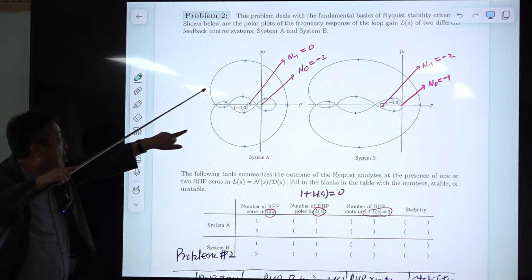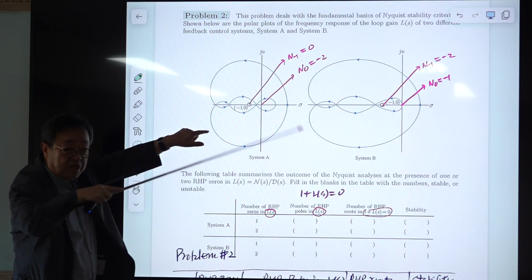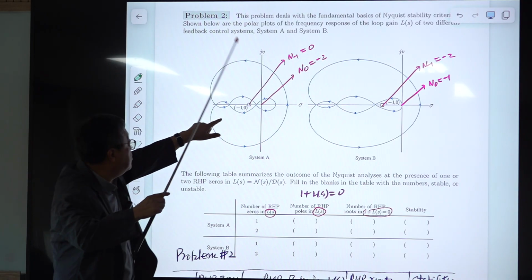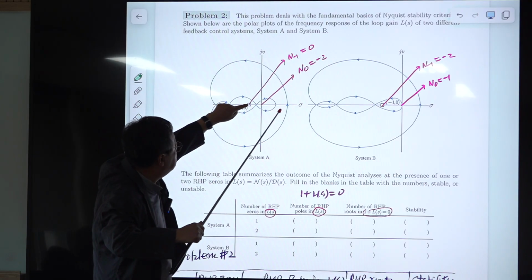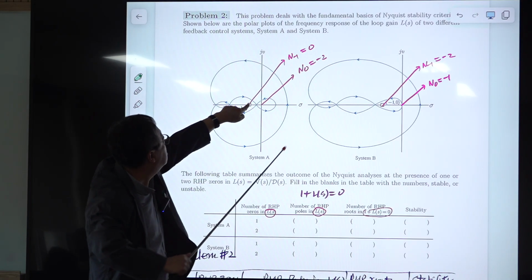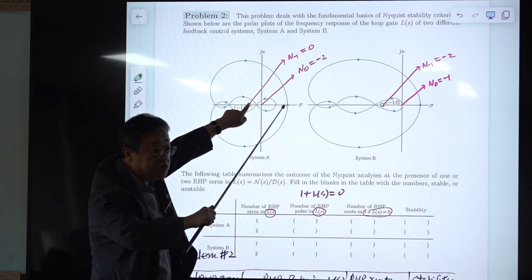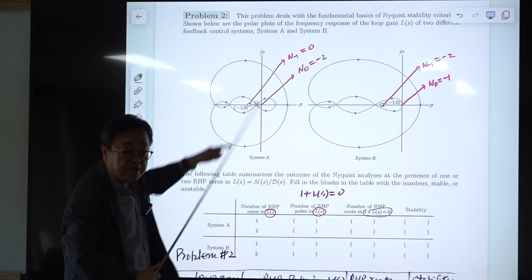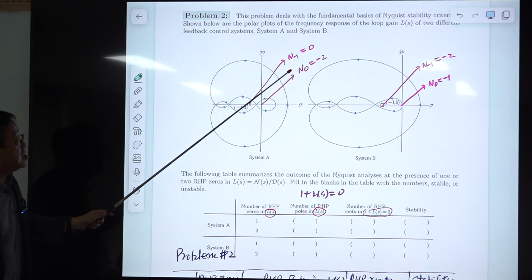This is clockwise, and this is counterclockwise. You start doing like this, then you come back to the original point without touching this. So N-1 is 0.